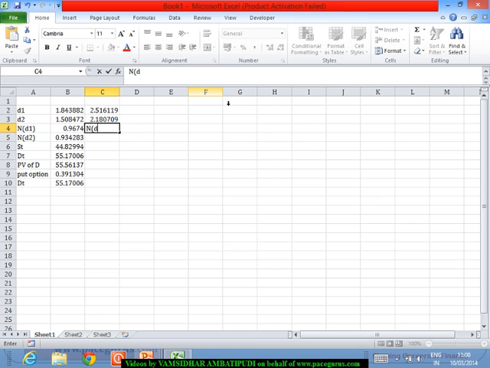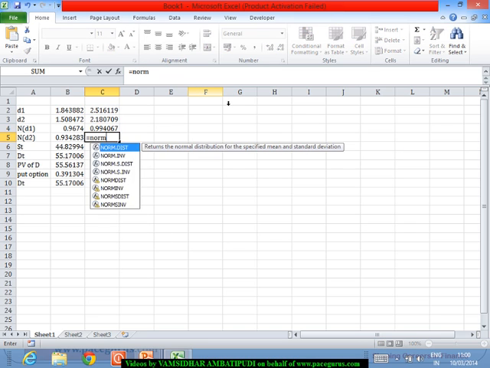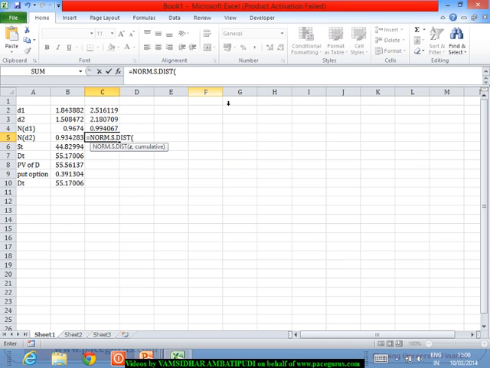So from here I could have computed my N of d1 from the normal distribution equation. I could have computed N of d1 as 99.4, and N of d2, on the same lines, as 98.5.